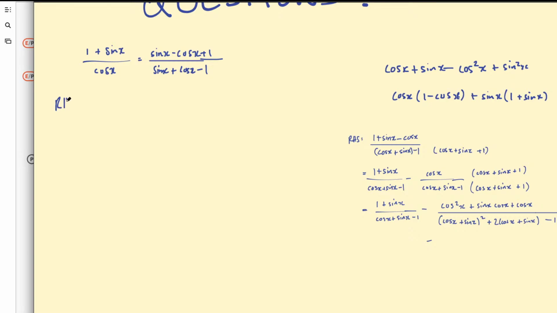So if we take the right hand side, actually let's write it like 1 plus sine x take cosine x.